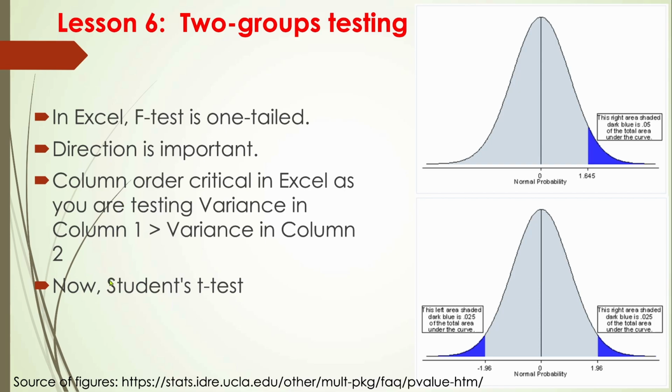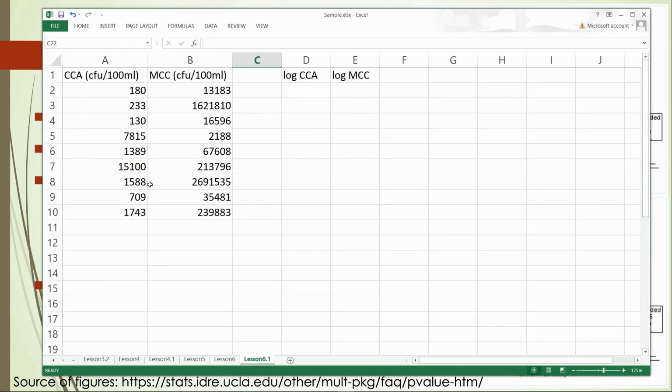So let us try out the Student's t-test in both Excel and PASS. Here we have the CFU data per 100 ml on Chromocult agar and also on MacConkey agar. Let us transform the data by logging the data.